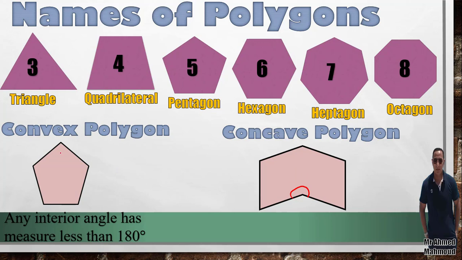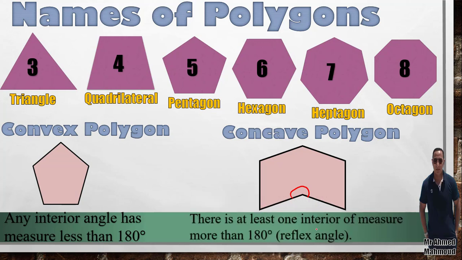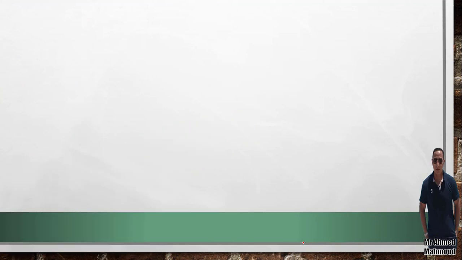So for the convex, all its angles are less than 180, but the concave includes one angle or more than 180. There is at least one interior angle of measure more than 180, or a reflex angle. Now let's study the first 2 rules in the lesson.